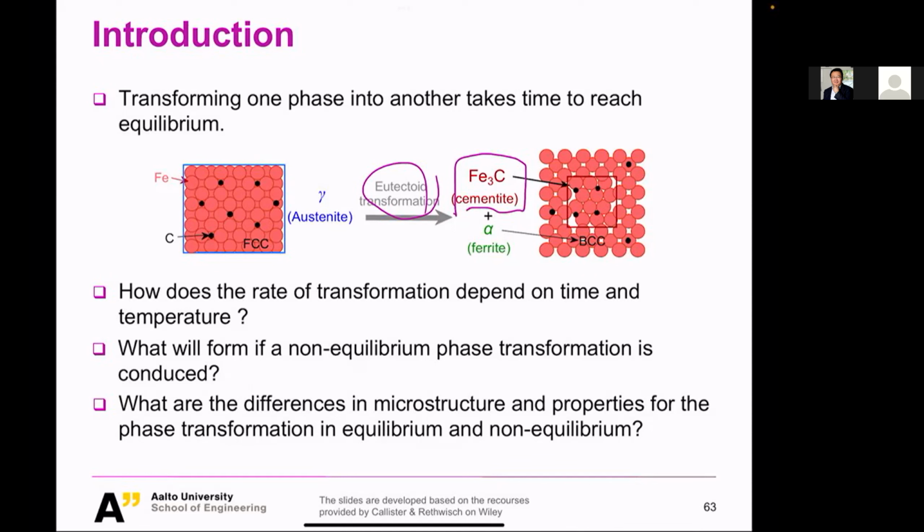So we basically want to know how much time these carbon atoms need to move from one place to another, and then we can finally reach the equilibrium state, right?